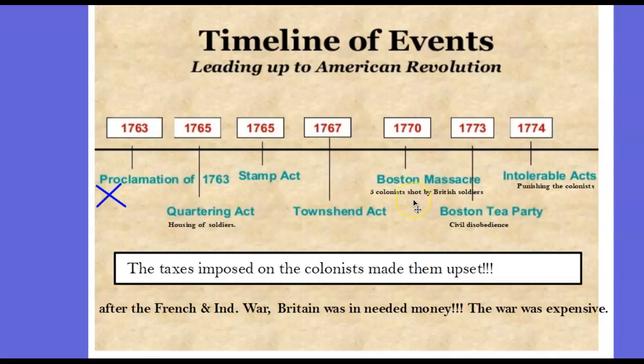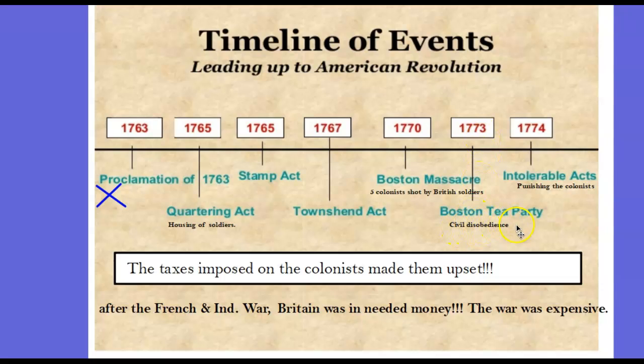In the end, 5 colonists died. The most famous casualty of the Boston Massacre was Mr. Crispus Attucks.